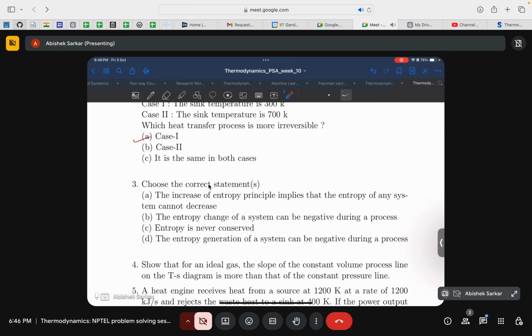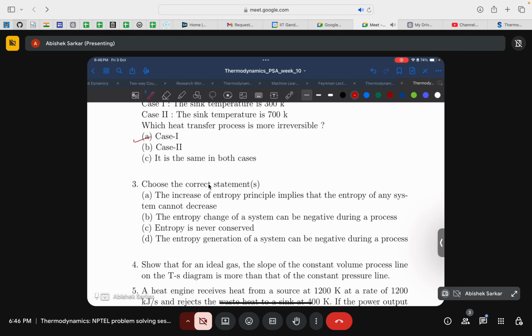So we need to look at, through all the topics that we have discussed till now, which of the following statements are correct from the perspective of the concepts we have discussed. Let us look at the first statement: the increase of entropy principle implies that the entropy of any system cannot decrease.